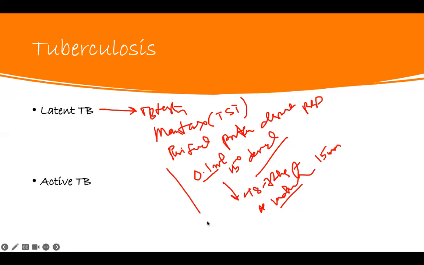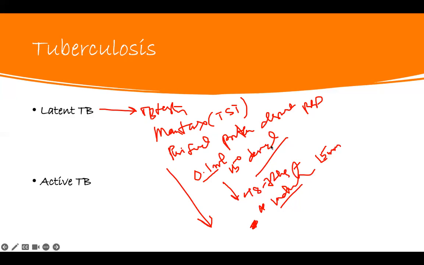So this is how the PPD is done. You're looking for 15 millimeter induration. Erythema is not it. You expect to have some small erythema, but for induration you're looking for a bump of about 15 millimeters, which is 1.5 centimeters.